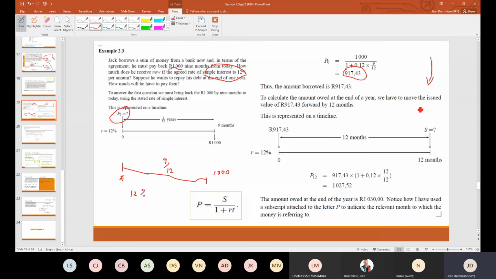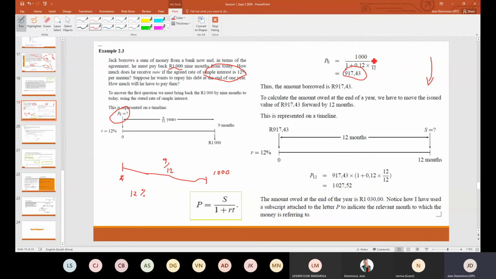So what they can ask, and this is what they are showing in this part now, is if you have taken out that now period, so this 917 rand and 43 cents, what if you only paid it back in 12 months time and not 9 months time? So basically then you can say, well, this is my present value.